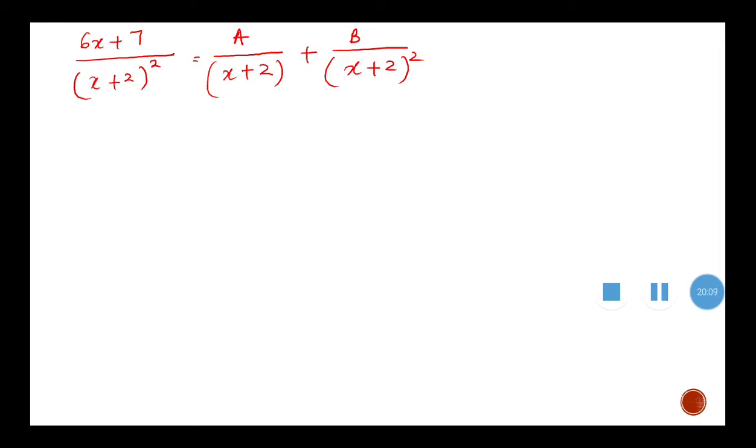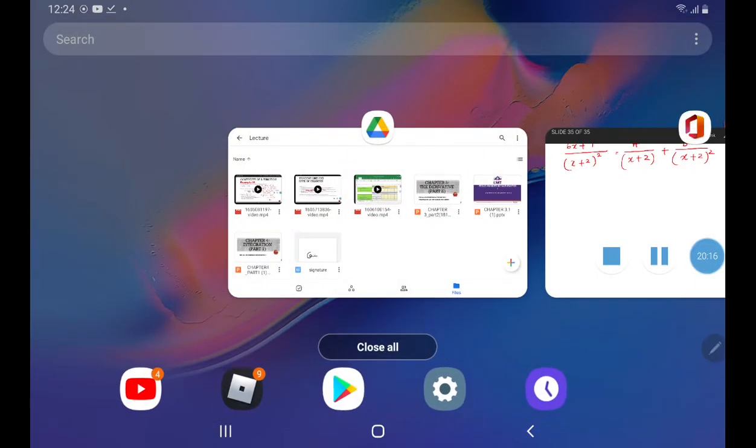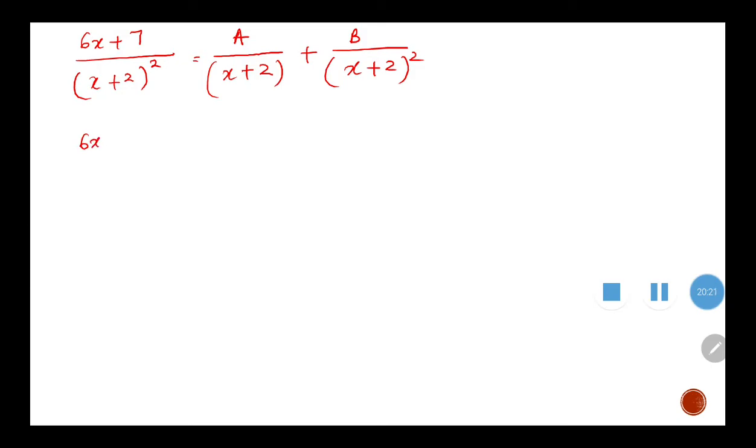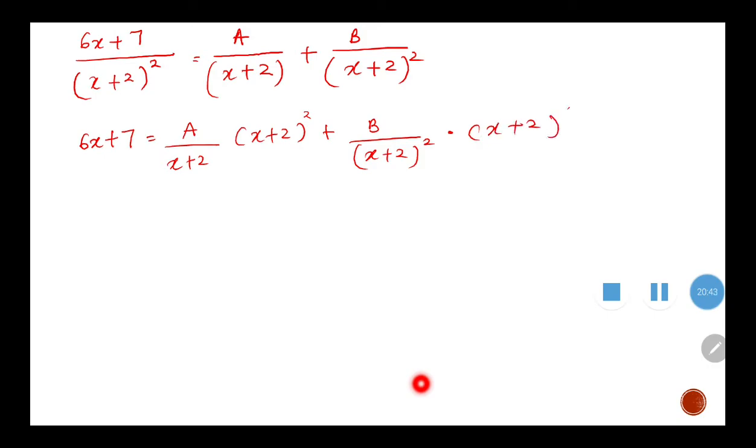So 6x plus 7 equals a times x plus 2, times x plus 2 squared, put to the right hand side, plus b times x plus 2 squared over x plus 2 squared.